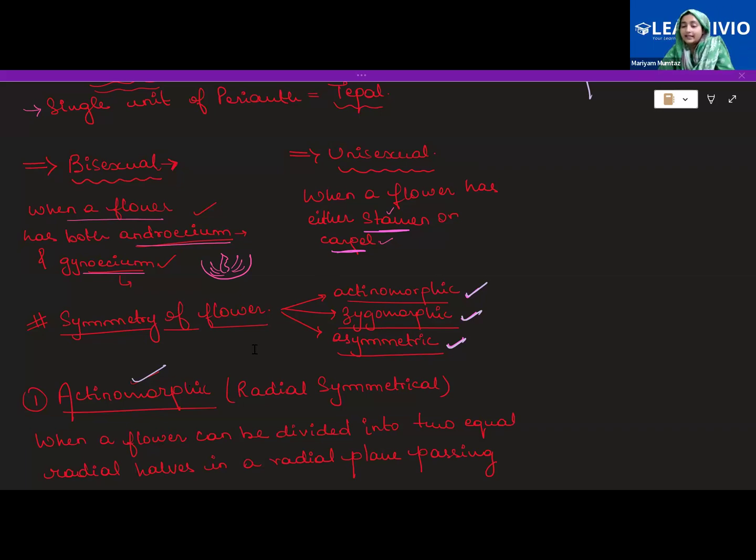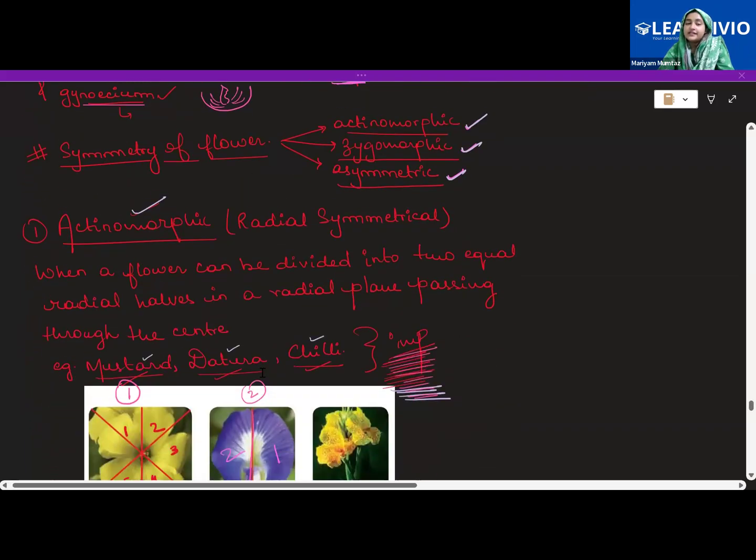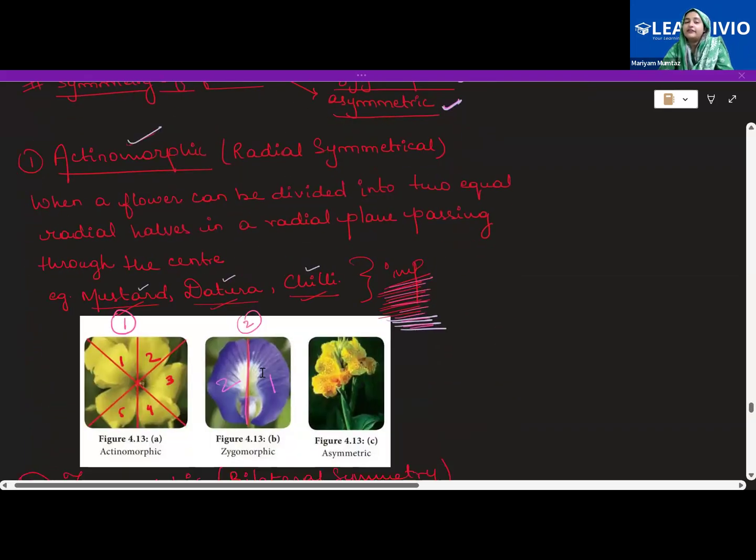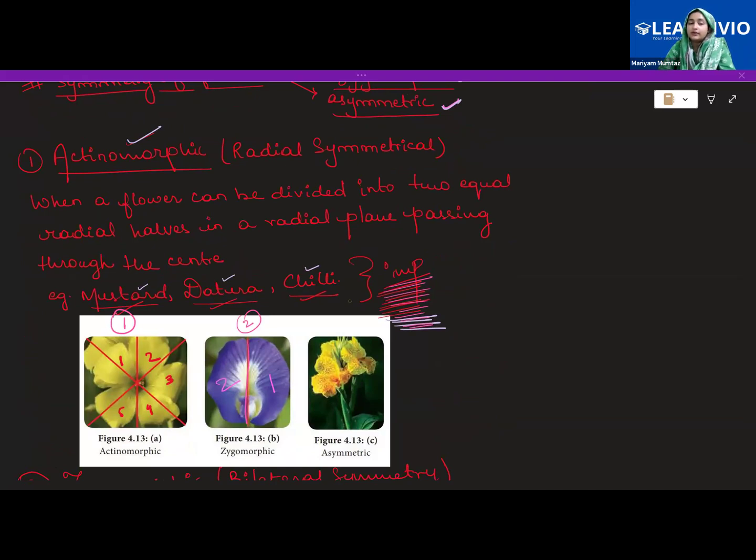Now, in the case of flowers, the first case is actinomorphic flower, which is the exact same thing as radial symmetry. So when a flower can be divided into two equal radial halves by any plane passing through the center, right? You make any kind of plane pass through the center, like diagonal, vertical, horizontal, any plane passing through the central axis divides it into two halves.